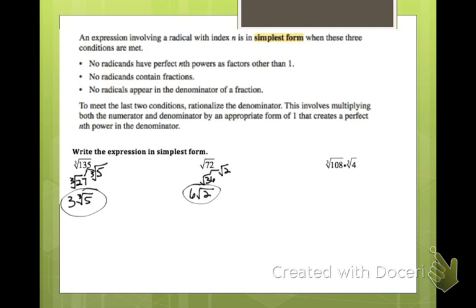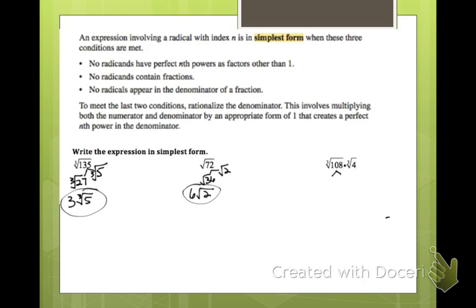All right, third root of 108 times the third root of 4. There are a couple different ways that we could go about this problem. I'm going to look at the cube root of 108 and divide it by 4. 4 times 27.